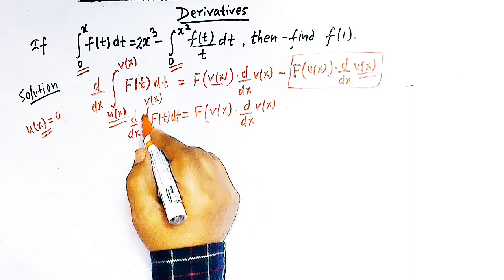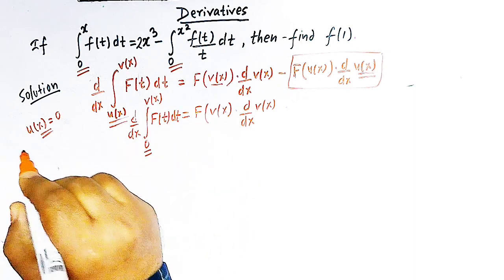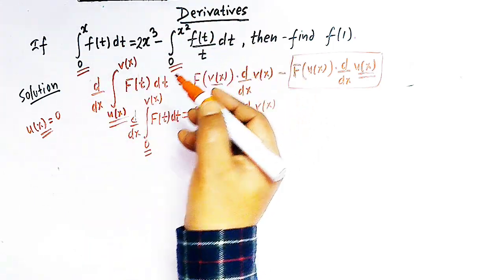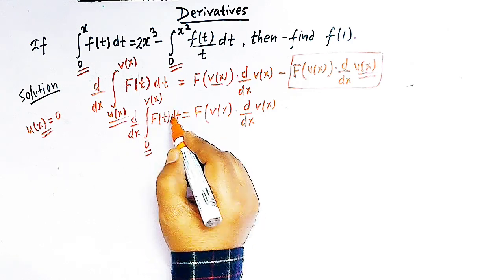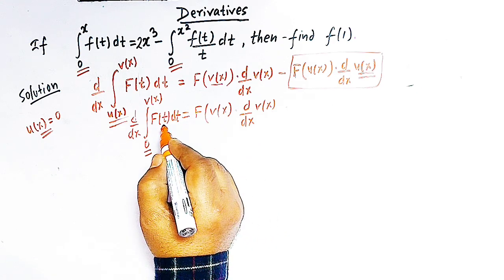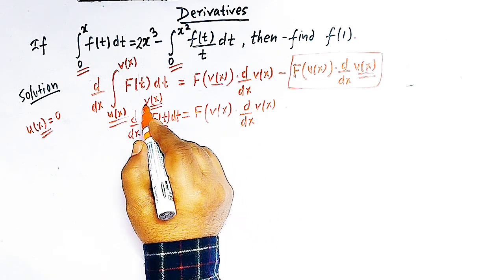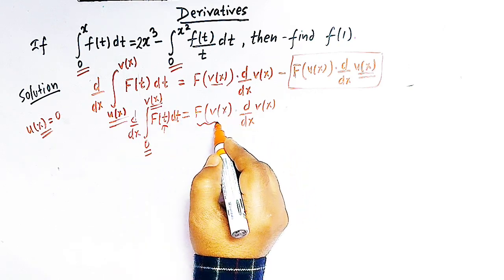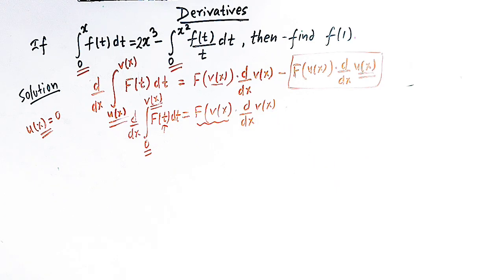So whenever we have an integral of this form where the lower limit is 0 and the upper limit is some function of x, that is v of x, then the derivative of this integral is simply given by f of v of x, that is, we replace first this t by this upper limit, that is v of x, and then we multiply this expression by the derivative of v of x.